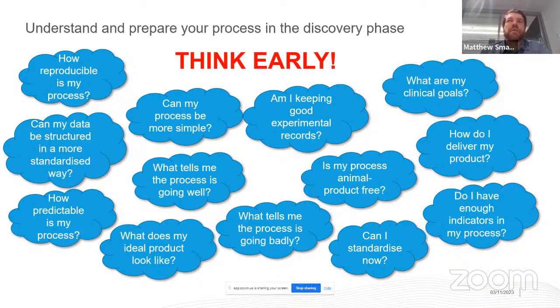But actually, I think if you spend a bit of time thinking about it early, particularly in that discovery phase, when you're developing these new therapies, you're making choices around what serotype to use, what capsids to use, what cell type to make. Actually, it can really save you a lot of time and issues later on, and actually issues that do ultimately cause a lot of promising therapies to fail before they reach the patients that they're intended to help.